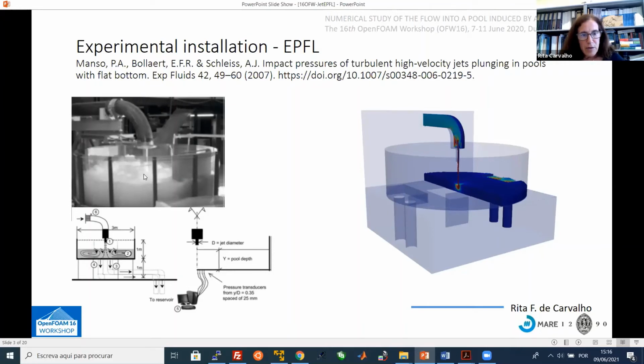The jet goes vertically to the pool that can have several levels depending on these boxes that we can put at different levels, and after the box there are some pipes that are the outlet, and here are also some spaces between the slabs in the plunge pool to measure the pressure.